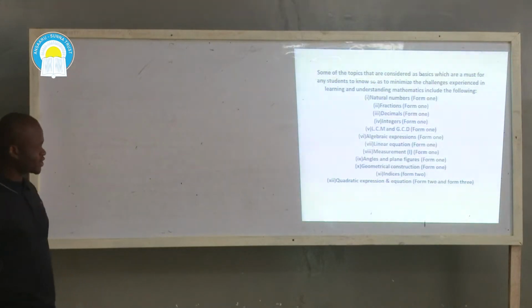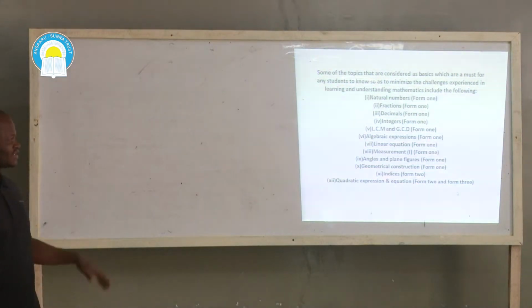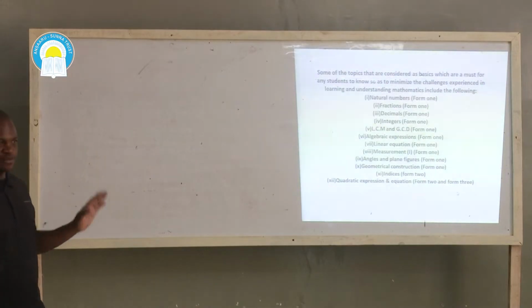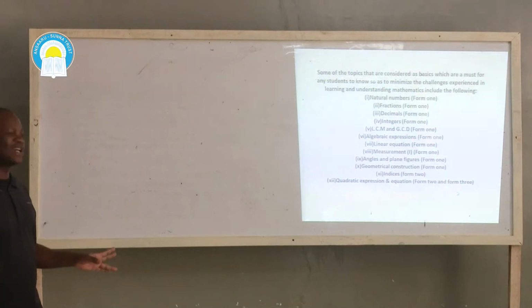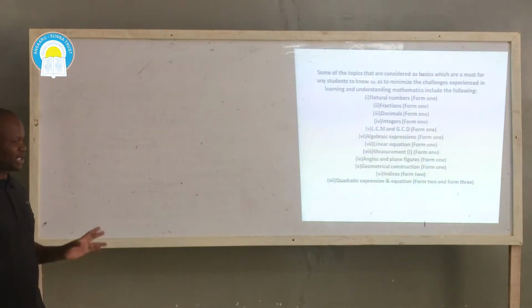So we are saying if at all you find any student having a challenge in maths, most likely the challenges come from these main topics. So if you are to minimize your problems in mathematics, make sure the topics I've mentioned, at least you know something about them. Are we together?